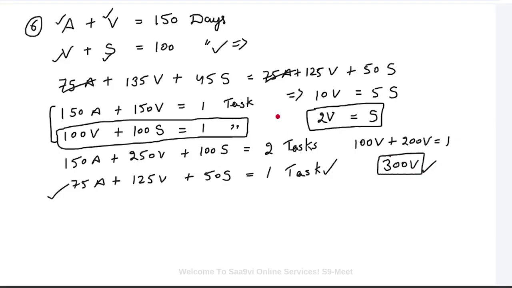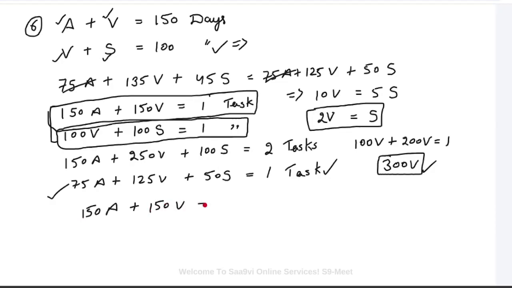Now this equation we will put equivalent to here, that one task is equal to, that means 150A plus 150V, that is equal to 300V, that is one task. I get 150 of A units is equal to 150 of V units.